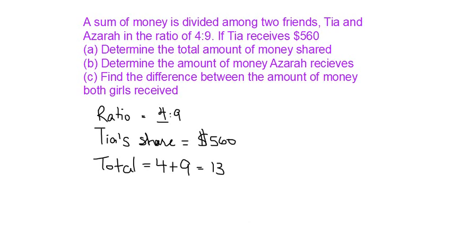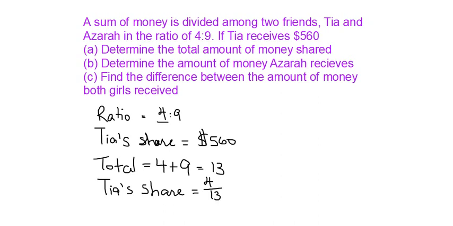And Tia's share out of that 13 is what fraction? 4/13. There you go. So Tia's share as a fraction is 4/13, right? Although I'm not writing Tia's share as a fraction, this is what this 4/13 is about, right? Tia's share as a fraction of the entire amount will be 4/13.